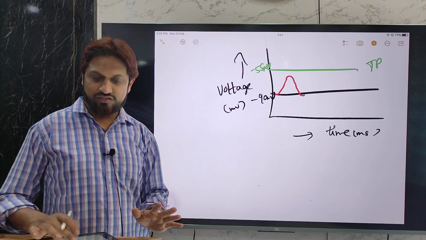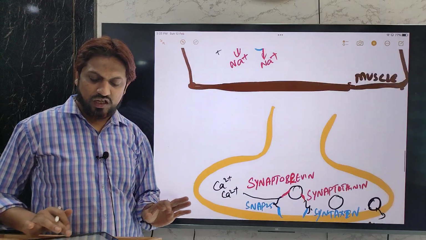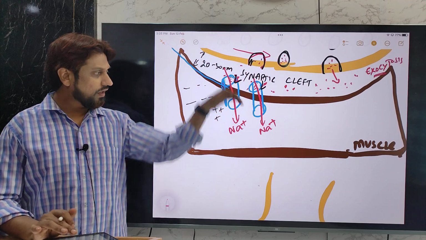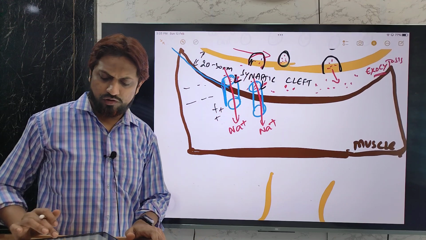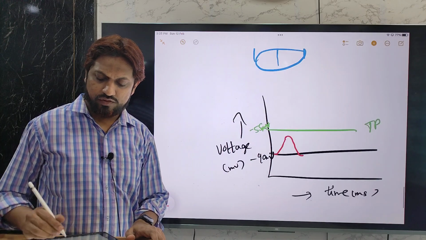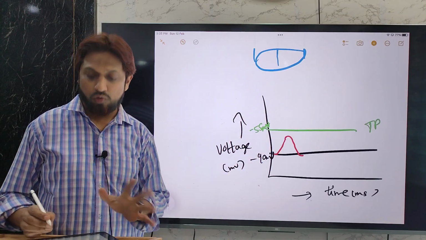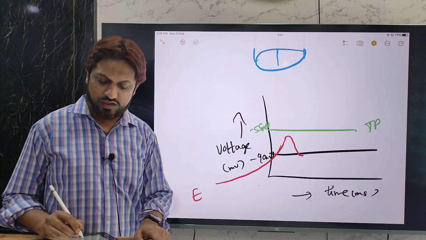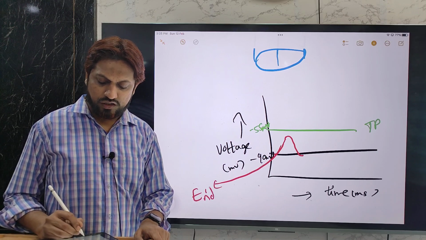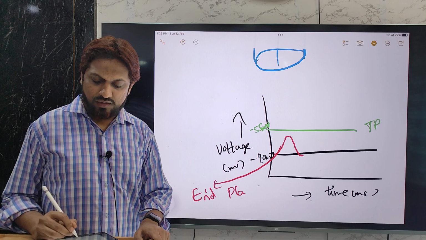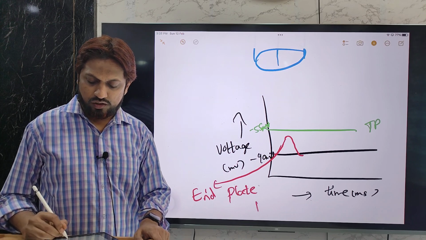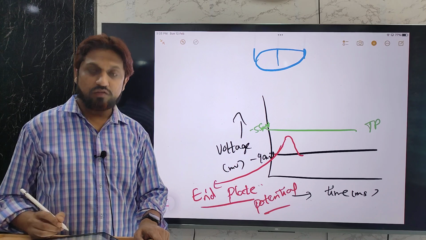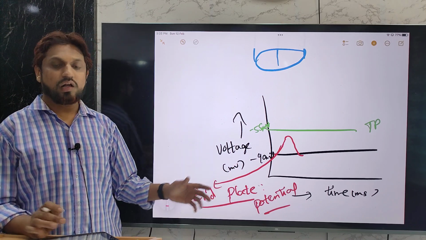These electrical changes after the opening of the ligand gated acetylcholine receptors and the entry of cations cause a local potential. The name given to this local potential is the end plate potential, EPP, which is not the action potential. It is non-propagative in nature and does not obey the all or none law.